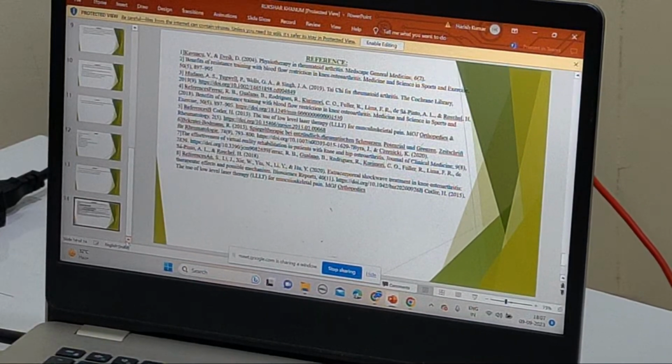Okay, Ruksha, you can ask your questions. Ruksha, we have seen the paper today on arthritis, and it's more of a combination of applications along with exercise therapy.